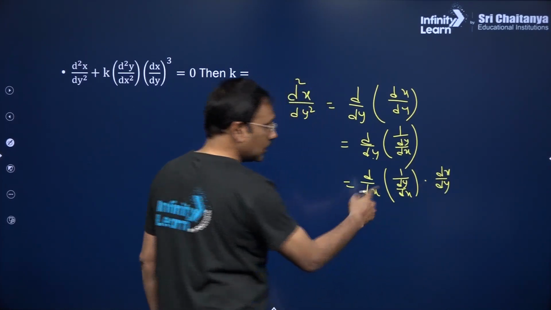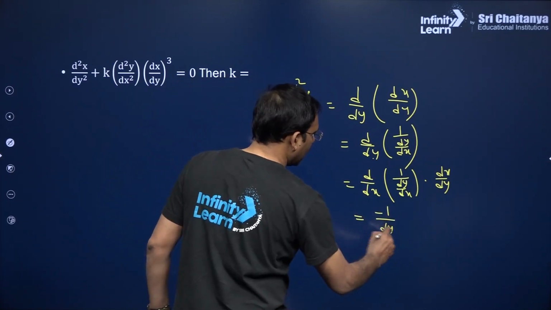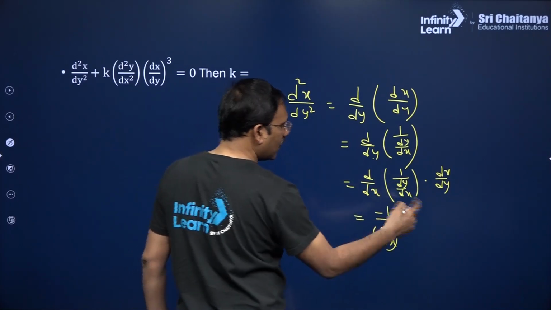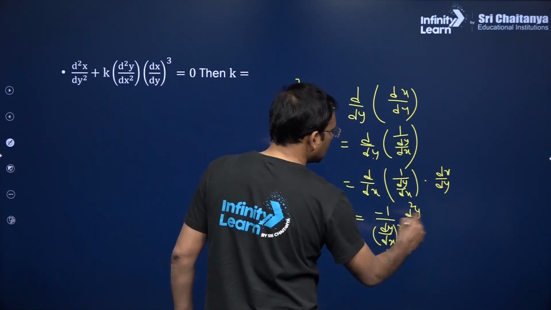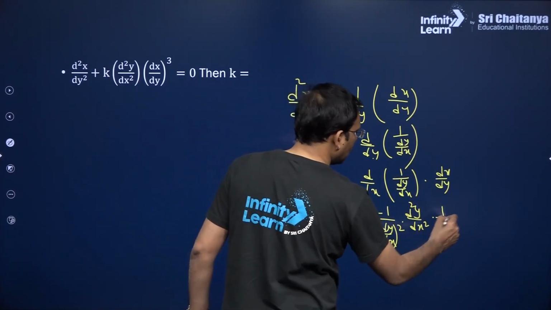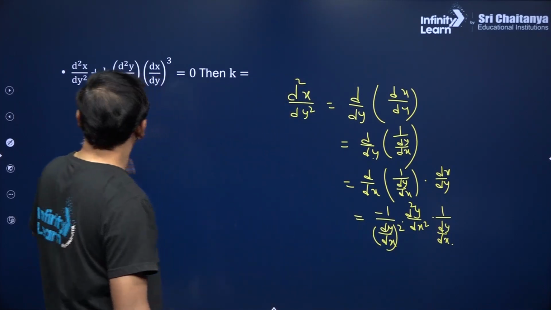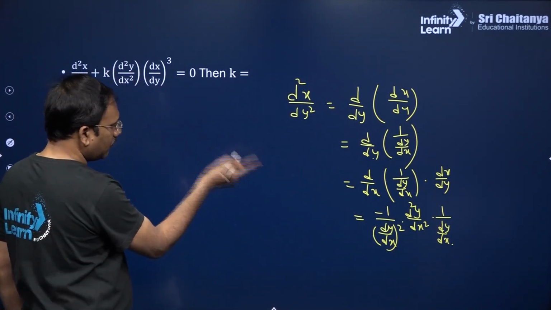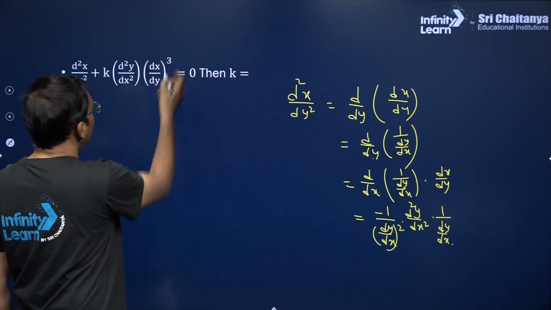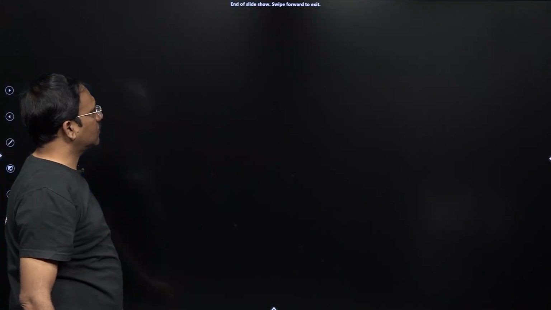So here the derivative of 1 by x is minus 1 by x square, into its derivative with respect to x, which is d square y by dx square, into dx by dy. Now bring this ahead, plus d square y by dx square into dx by dy whole cube equal to 0. This k value is going to be 1, my dear friends.